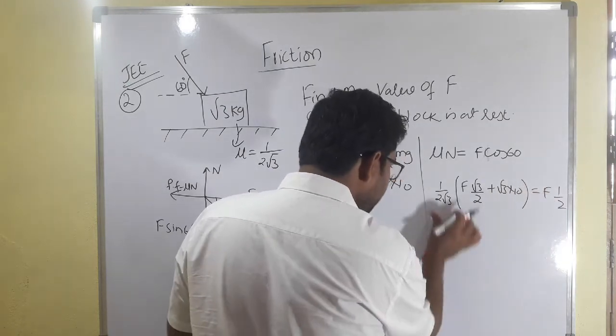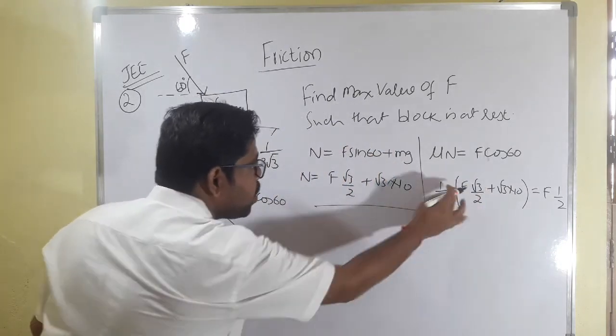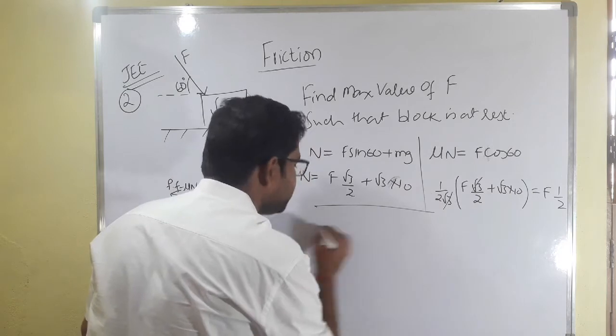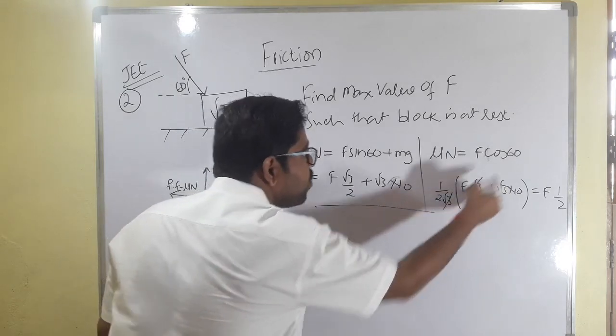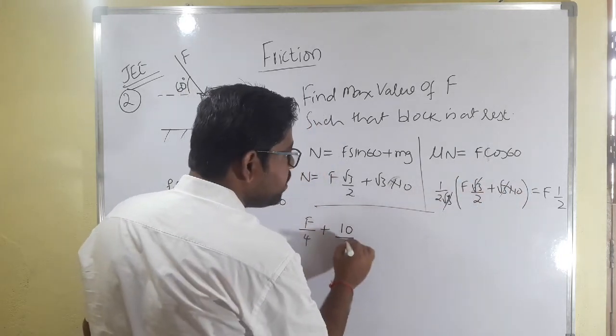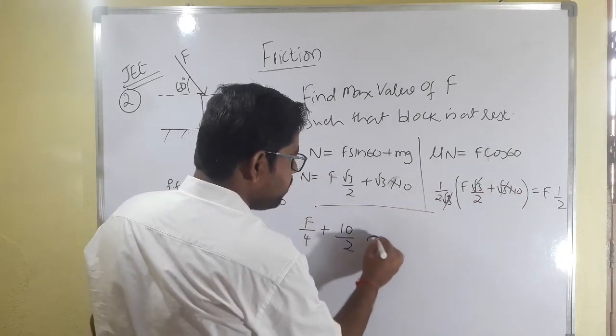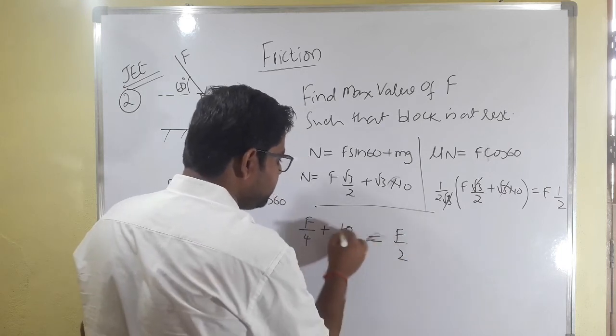Now we'll solve this. Take 1 by 2 root 3 inside, root 3 cancels, so F by 2 into 2, that is F by 4, plus again root 3 cancels, so we have 10 by 2, which is equal to F by 2. So 10 by 2 means 5.